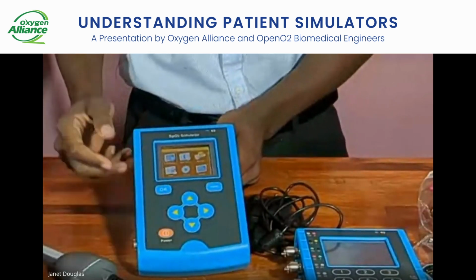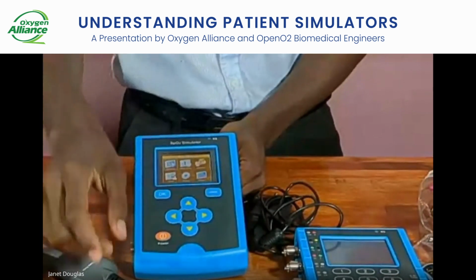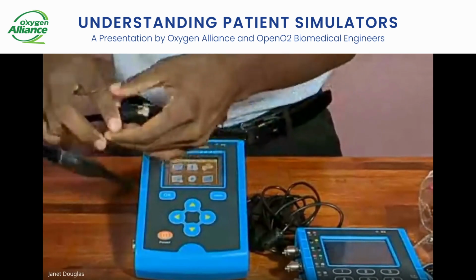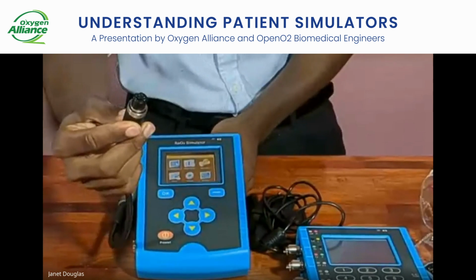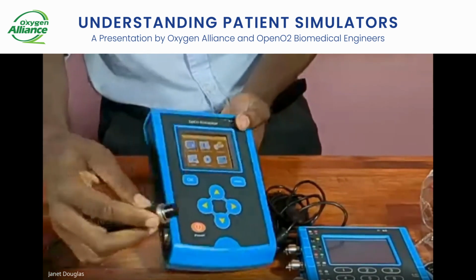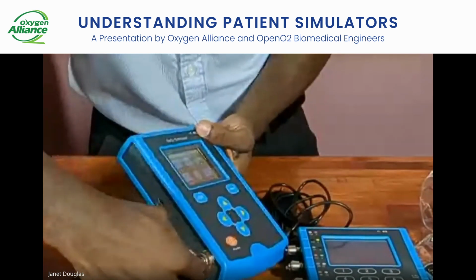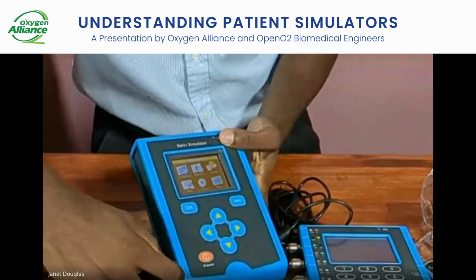Before you go into the simulations, you need to make sure that you've connected the probe, which is this one over here. The probe looks like this. You just fit this to the port, make sure it fits properly, and then you screw it in to tighten.